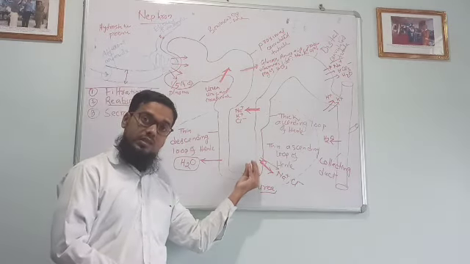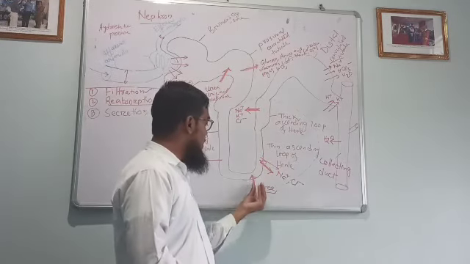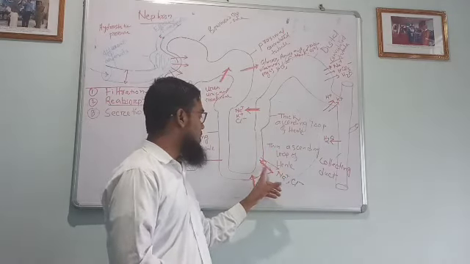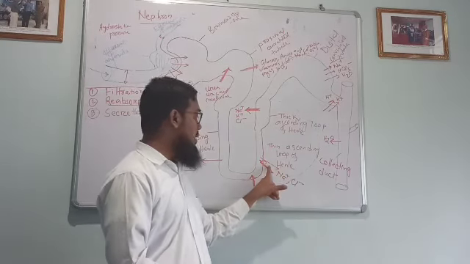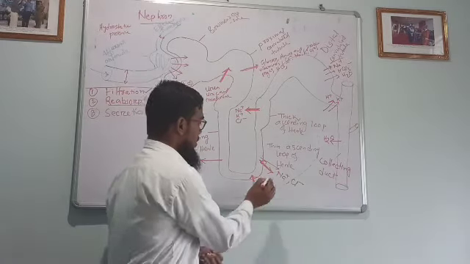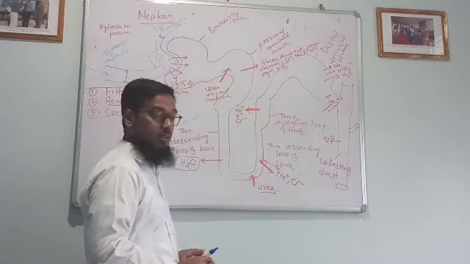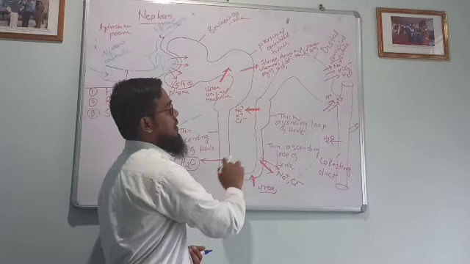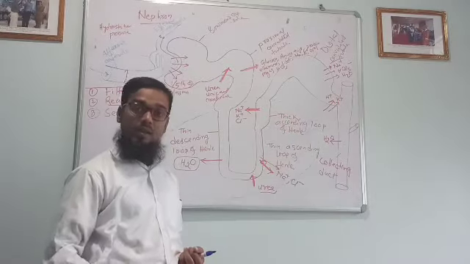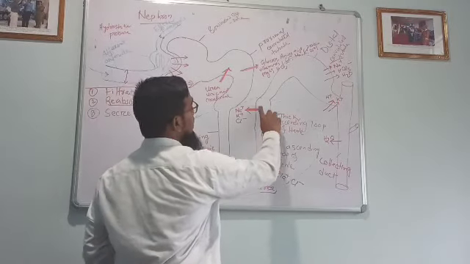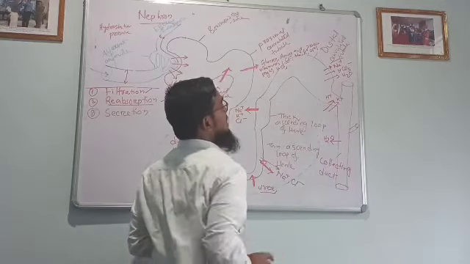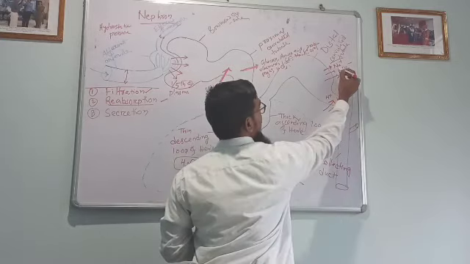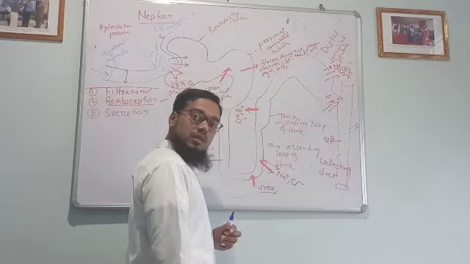and the filtrate becomes more concentrated, and in that concentrated filtrate urea is secreted in the thin ascending loop of Henle. In the ascending loop of Henle, reabsorption of sodium and chloride takes place in the starting part. After that, reabsorption of sodium, potassium and chloride takes place in the thick ascending loop of Henle. Finally, they will move to the distal convoluted tubule, where sodium, bicarbonate and water are reabsorbed.